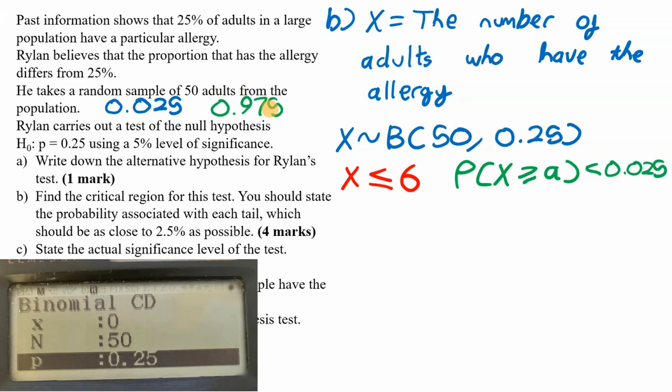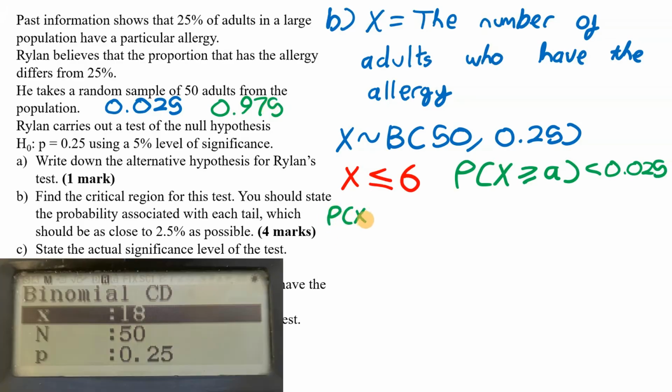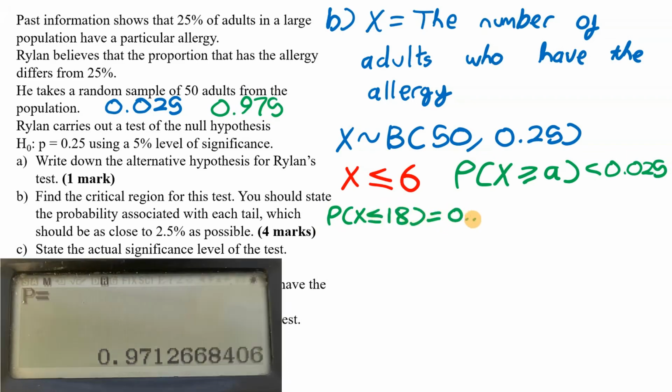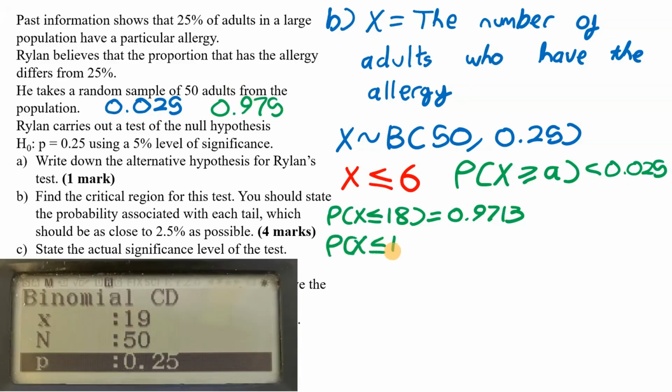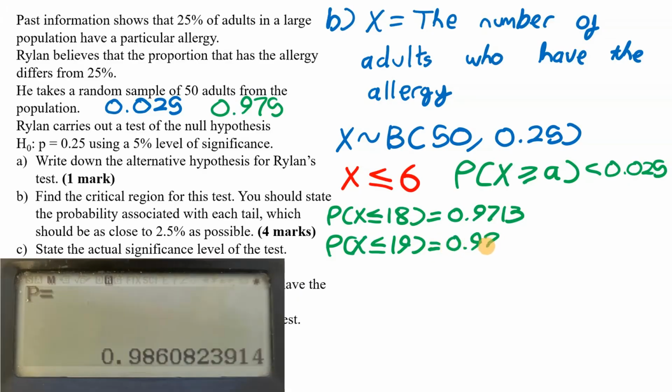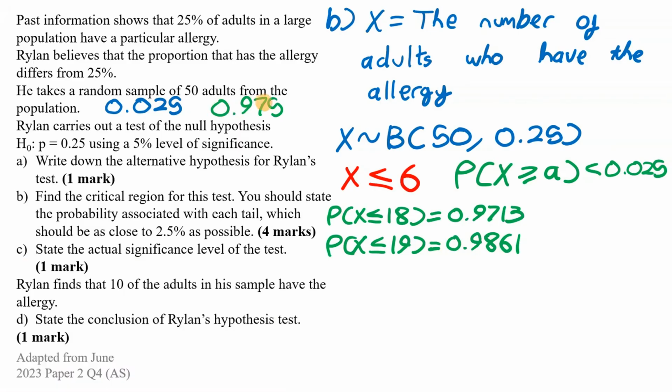If you plug some values in, the probability that x is less than or equal to 18 to 4 decimal places is 0.9713. This is smaller than 0.975, so if we go one more, the probability that x is less than or equal to 19 to 4 decimal places is 0.9861, and this is bigger than 0.975.